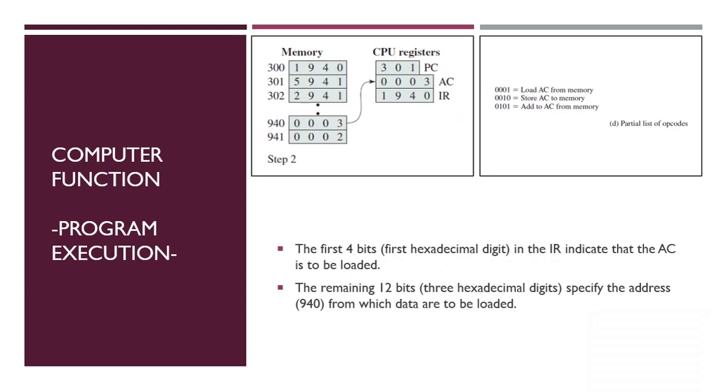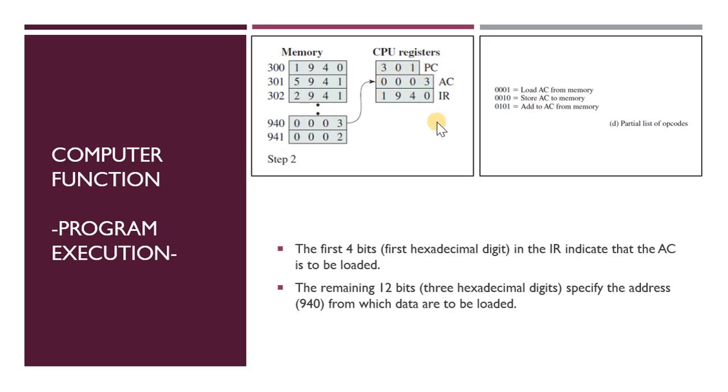The next is step 2. So this is the program execution for step 2. Before this, in step 1, the PC contained address 300, and once the instruction has been executed, the PC is incremented, so it becomes 301.